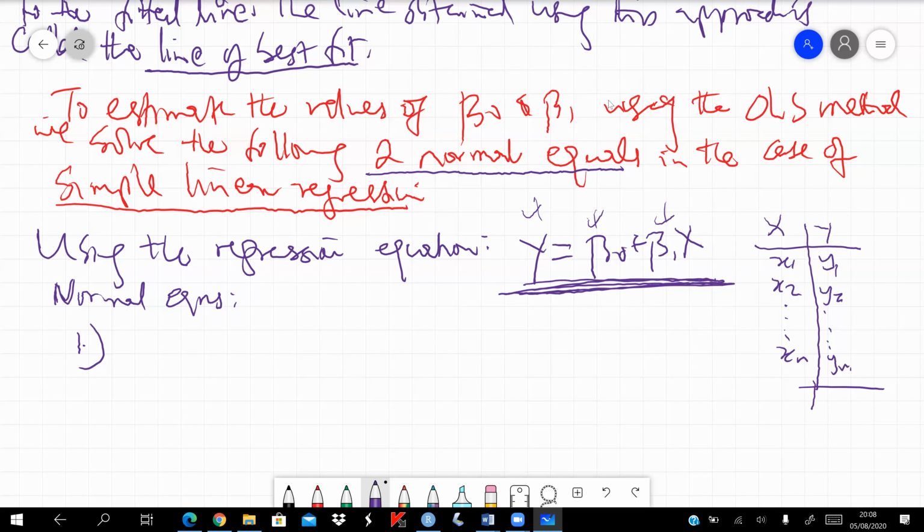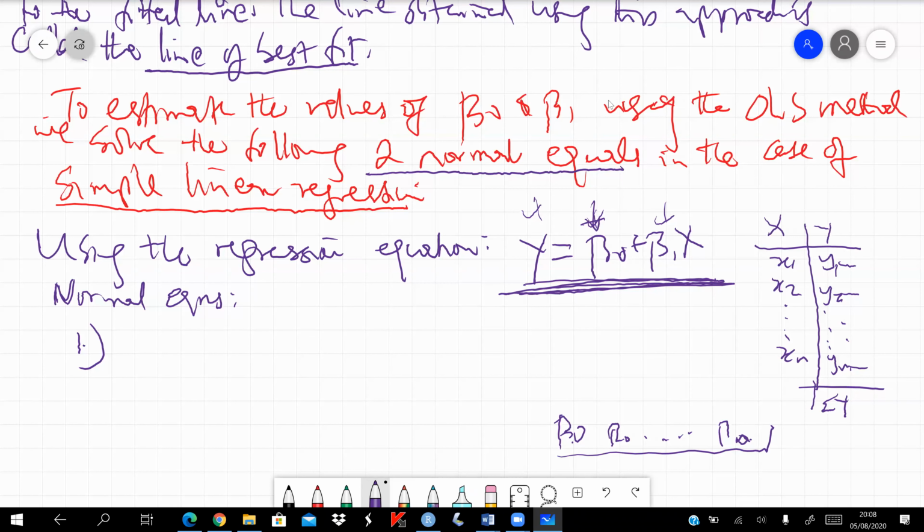So you take this plus that, plus that, and you end up with summation of y. Then these are constants. You have beta naught plus beta naught plus beta naught, all the way, n of them.